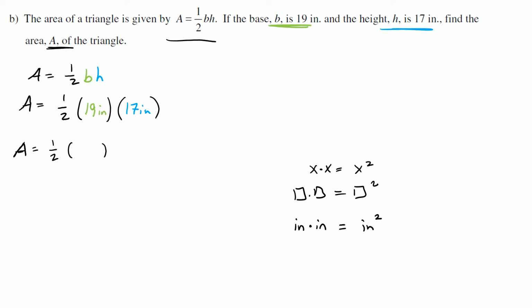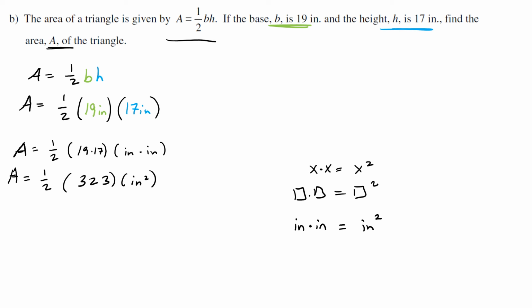So when I multiply these, I'm actually multiplying the 19 with the 17, so I'm multiplying my constants, and then you can think about multiplying our units. So this is going to be area equals 1/2. Well, 19 times 17 is going to be 323. Inches times inches is inches squared.